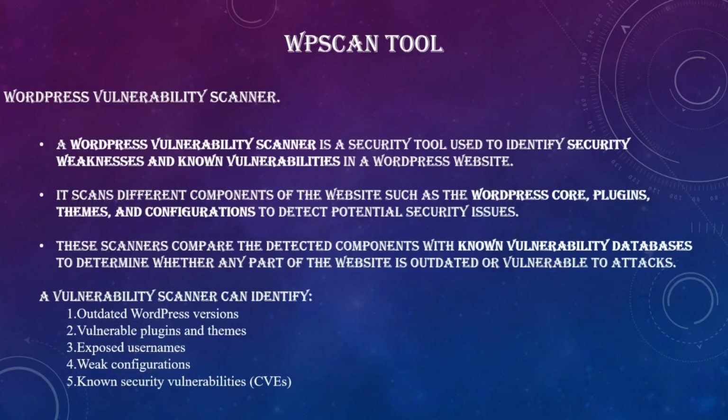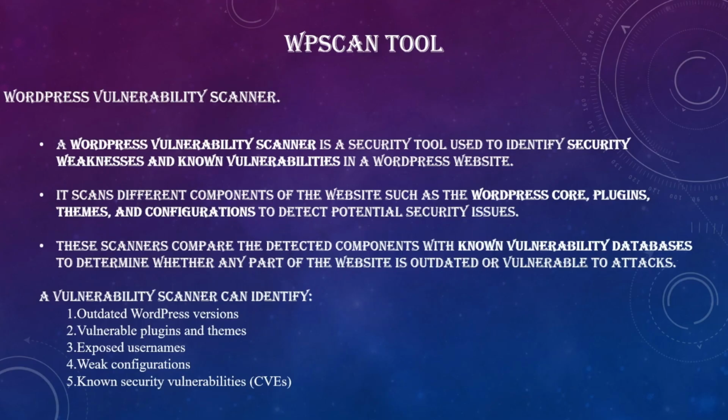The common tools, meaning WPScan, a WordPress vulnerability scanner, is a security tool to identify security weaknesses and known vulnerabilities in a website. It scans different components of a website such as the WordPress core, plugins, themes, and configuration to detect potential security issues.